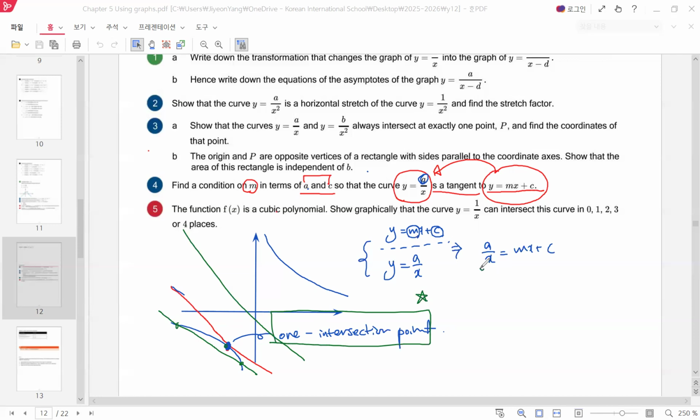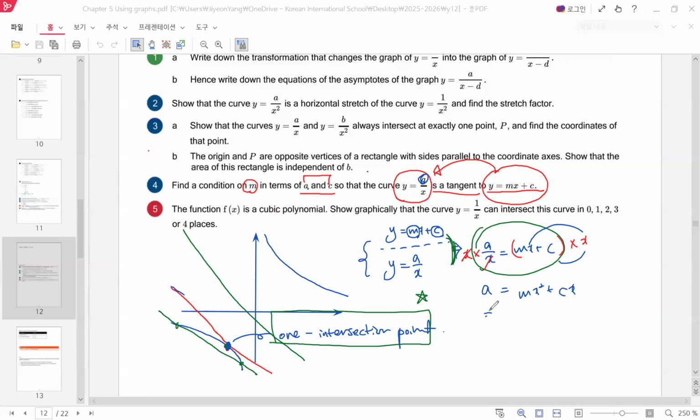Then make a simultaneous equation and combine them by eliminating y. Multiply by x on each side, because we don't like a variable in the denominator. It's going to be a equals mx squared plus cx.